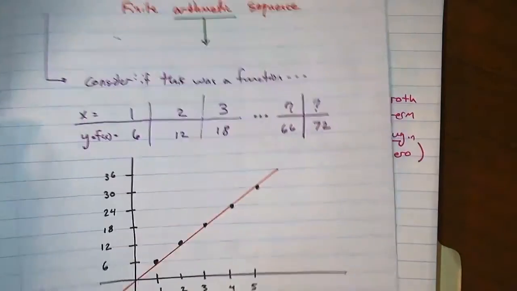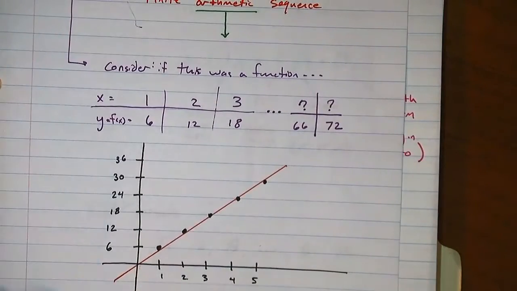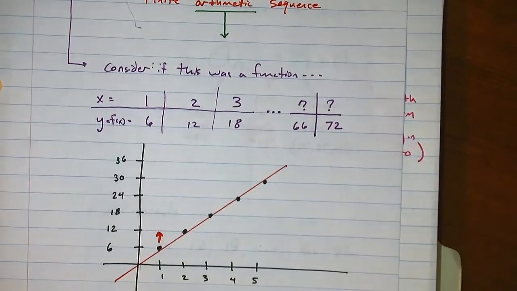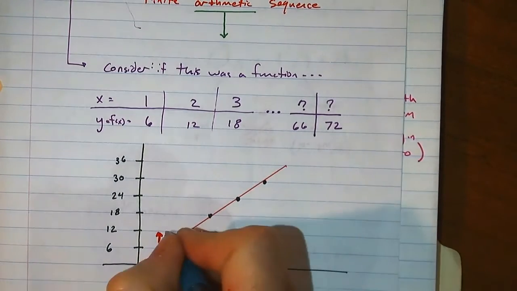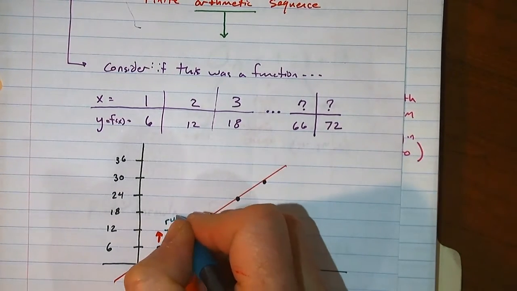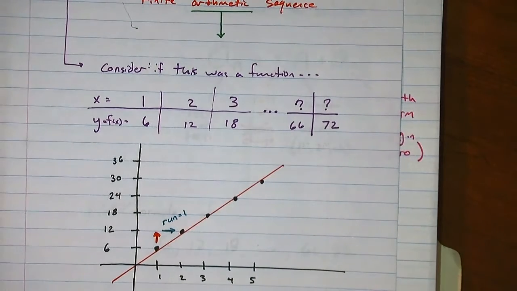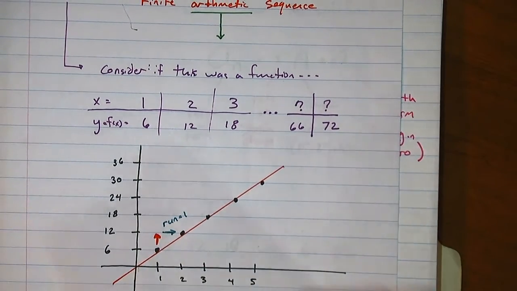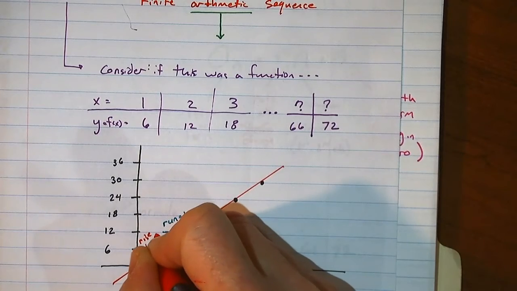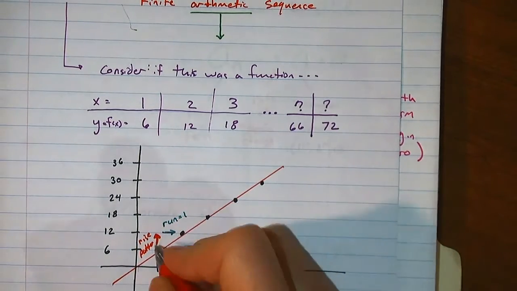Okay, so if we looked at this graph here, how much did the value move up when you went over one spot? So what we end up with is that my run will equal 1. My rise is going to be equal to whatever the pattern was. How much are we adding on?